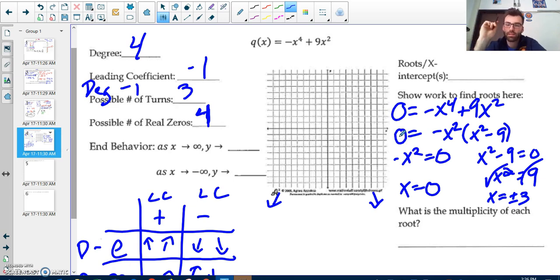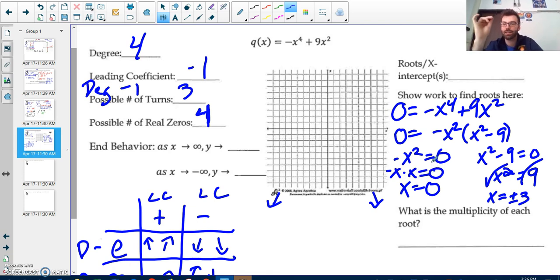However, this root is going to have a multiplicity of 2. A multiplicity of 2, because it's x squared equal to 0. So you can think about it like this. This is x, or negative x, times x equals 0.